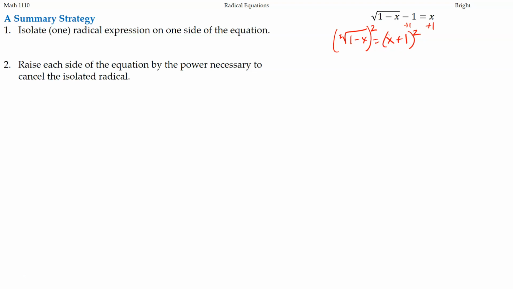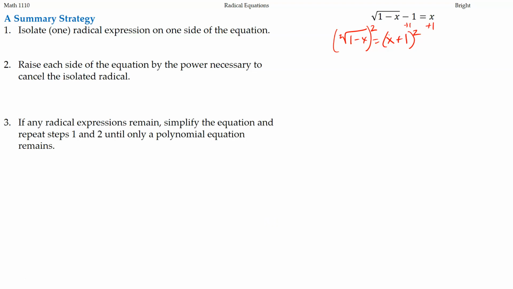And then in the subsequent steps, we would simplify the equation. Let's just go through this. 1 minus x is equal to x squared plus 2x plus 1, as I expanded previously.